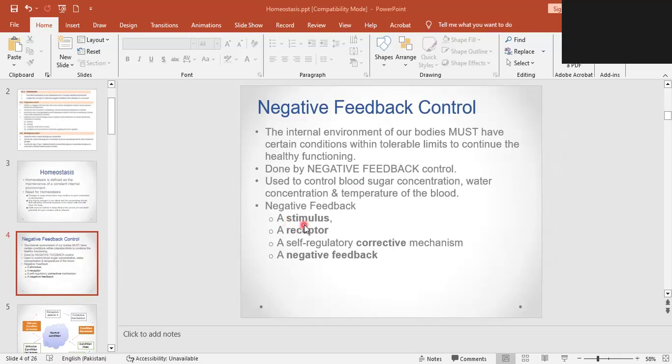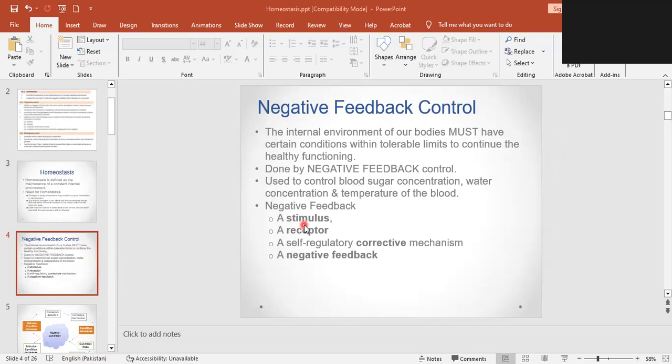Number one, stimulus. Of course, something will change your set point. For example, temperature. My body temperature is 37. Okay. It's winter time. And outside my body, the environment is like 18 degrees or maybe 11 degrees or maybe 9 degrees centigrade, right?